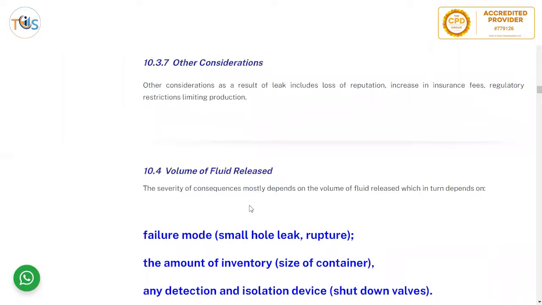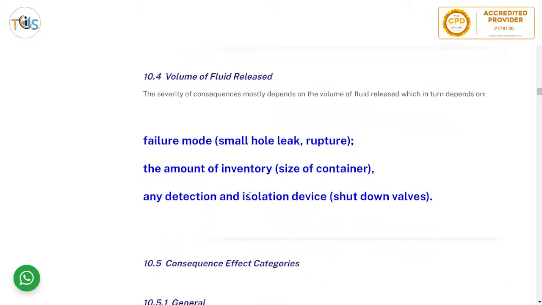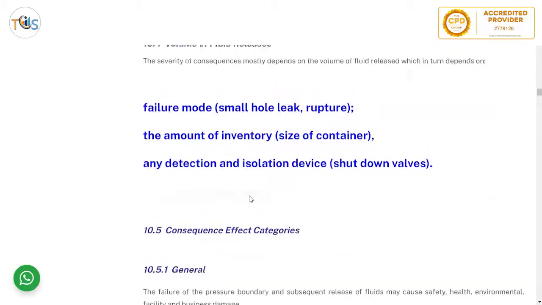There is also increasing insurance money. It's like making an accident, so you are a high risk group according to insurance, and they increase the insurance, and then the regulatory restrictions will be more because the government will be zooming in on you if there is a failure or a catastrophe at the plant.